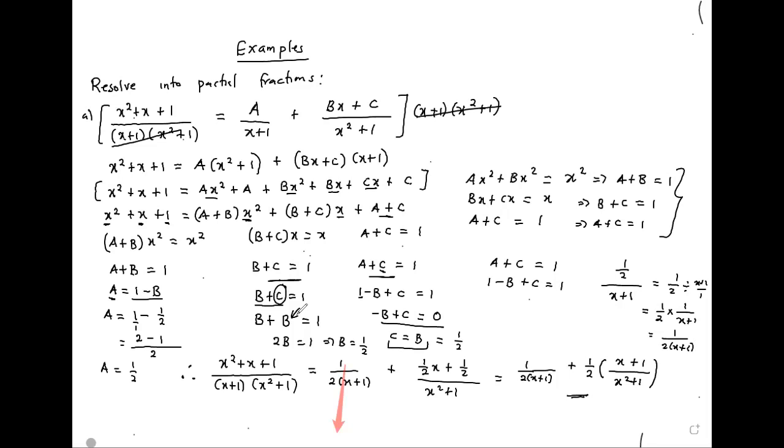Excuse me, sir. Would it not have been easier, if in the step after the question, we just say x is -1 so that it gives us 0, so that when we multiply the bx plus c, it gives us 0, so that we have A?